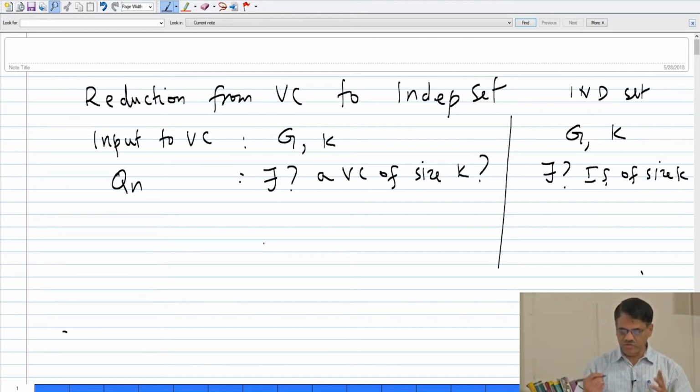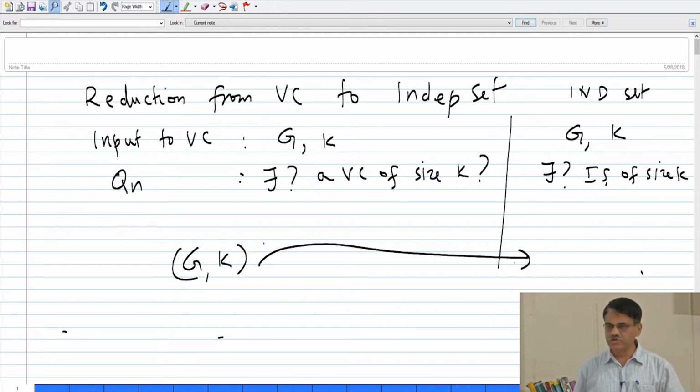Okay. So, what is the definition of a reduction? It should take my input to this problem and convert it into an input to this problem, so that yes goes to yes, no goes to no. My input to this problem is G, k, and I want to reduce to an input to this problem. So, what should I reduce to? Complement of G? No, not for this problem.